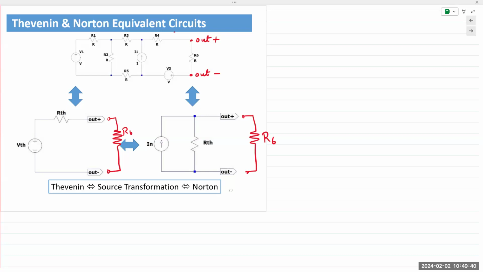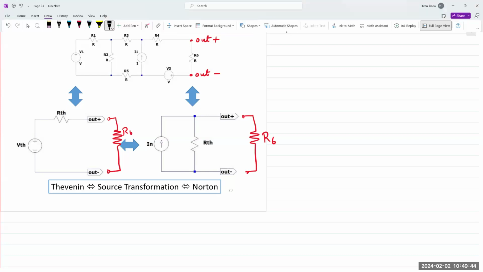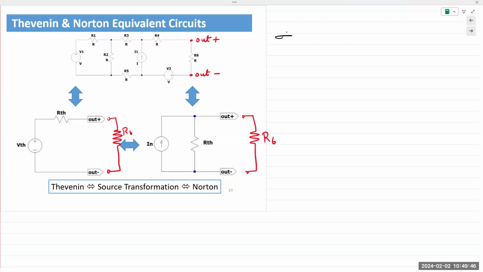That single voltage source came to be known as the Thevenin voltage, VTH, and RTH is the Thevenin resistance.